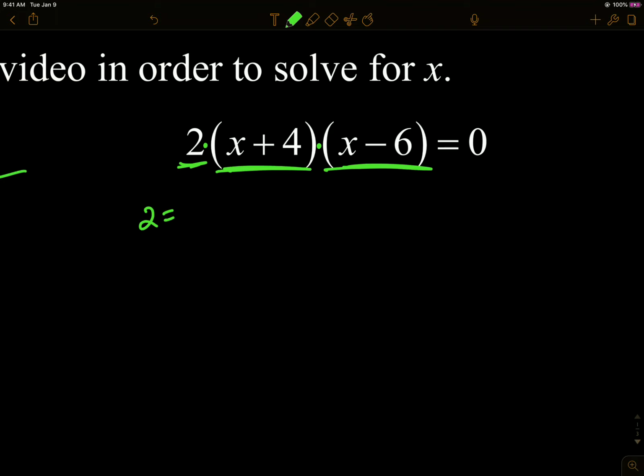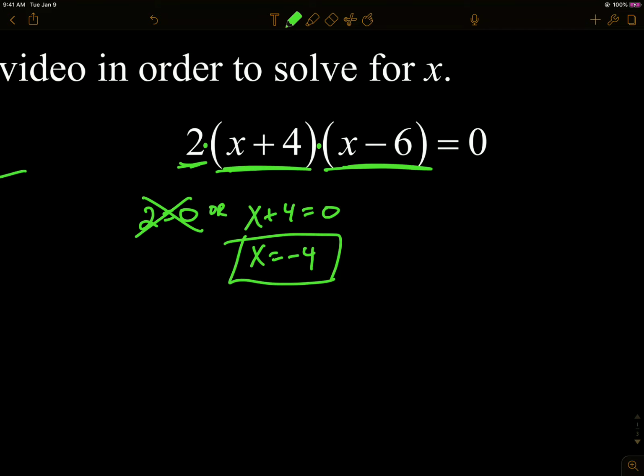If the first factor equals 0, that provides a solution. Well, 2 is 2. 2 could never be 0. There's no x in there. There's no room for variance. So no solutions come from that first factor. If I take the second factor, a solution could come from there when that factor equals 0. So I subtract 4 from both sides and I get a solution there.